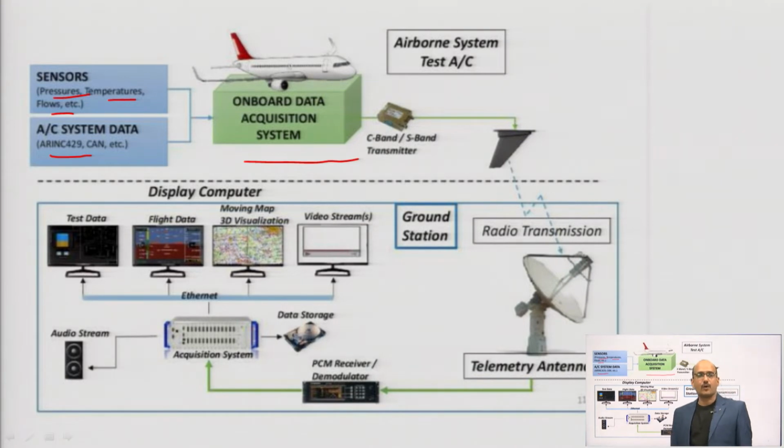After that, the data is transferred through the antenna of the aeroplane towards the earth station. So, in a telemetry system you can easily see there are two parts: first is the airborne system, and second is the display computer at the earth station.